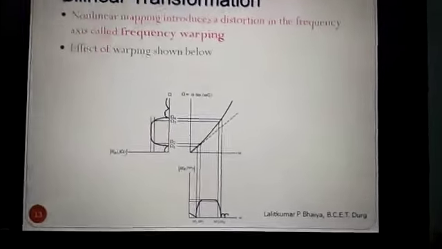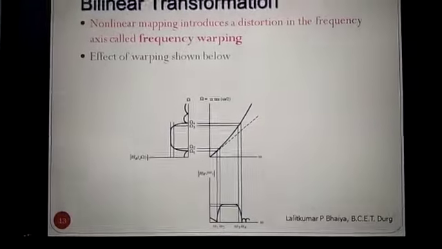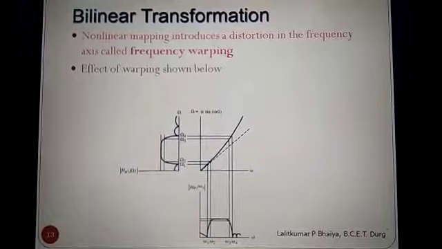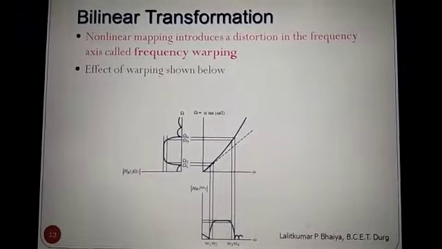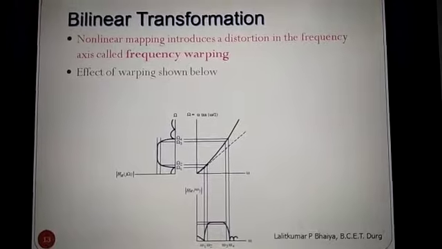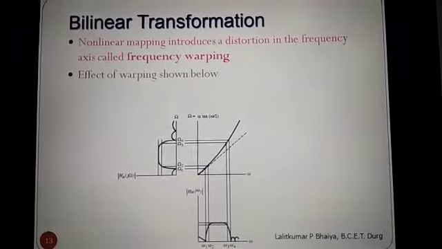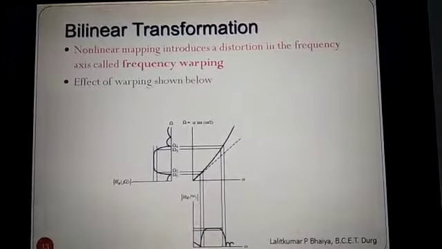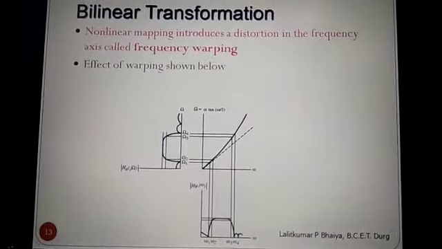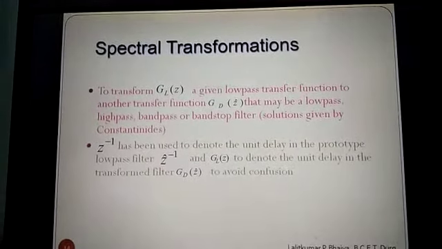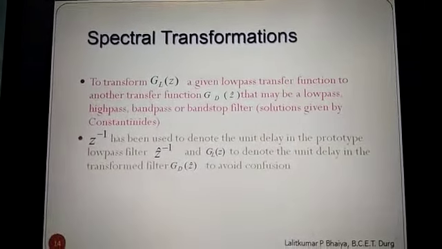Here it is shown the warping effect. Warping effect is also important. Non-linear mapping introduces a distortion in the frequency axis, which is called frequency warping. Sometimes it may be asked for 2 marks: what is frequency warping? So you can explain this frequency warping technique, which is shown here, from analog to digital with respect to the IIR filters in bilinear transformation.